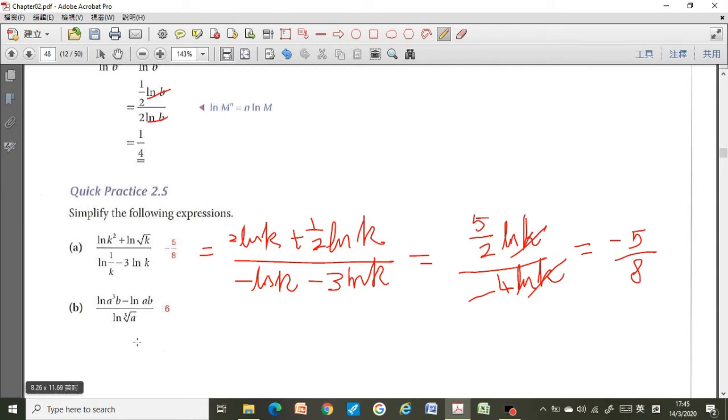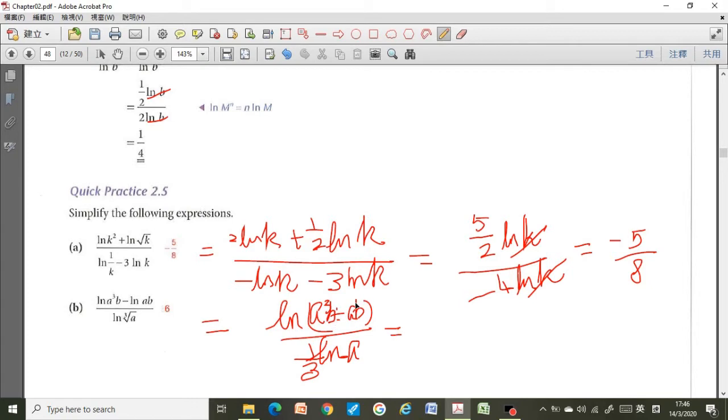For this one, you will find there's a b here, so you may combine the numerator first. The numerator will be a to the power 3, because a keep b divided by ab, and then the denominator is 1 over 3 log a.